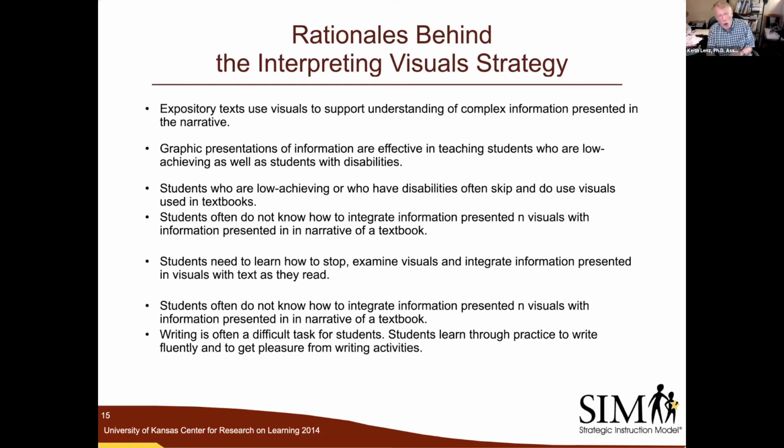And so we don't want students to be paying attention to graphics and visuals that don't have important information in it. So whether it's a modified textbook written down at a 3rd or 4th grade reading level or a grade level textbook, we should be teaching students how to use the text.